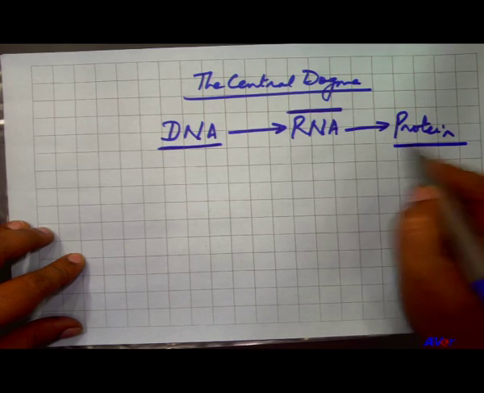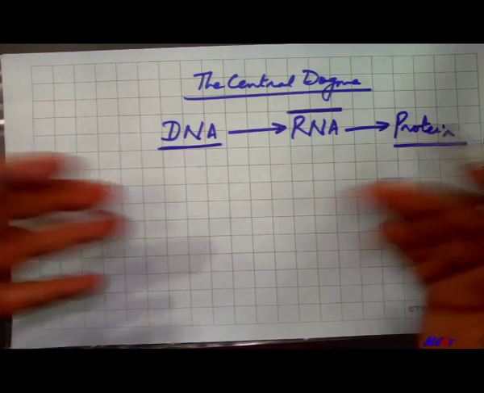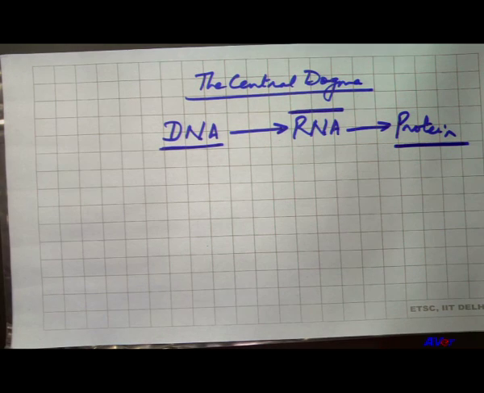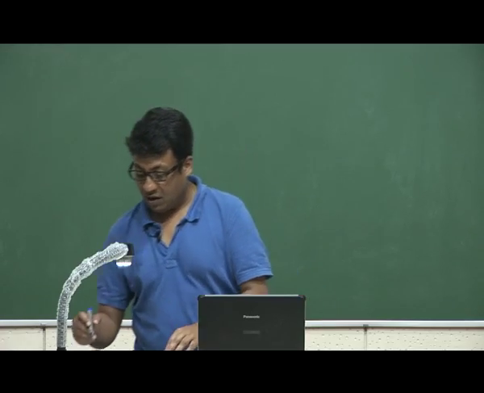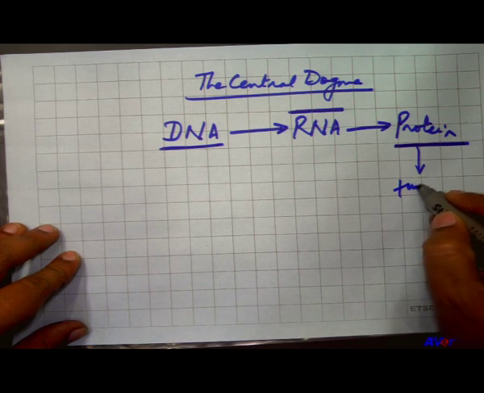This RNA, this code reader, after the code has been read, is now converted chemically through a process, you will learn these things in your subsequent specific chapters, into a protein. This protein leads to a function.